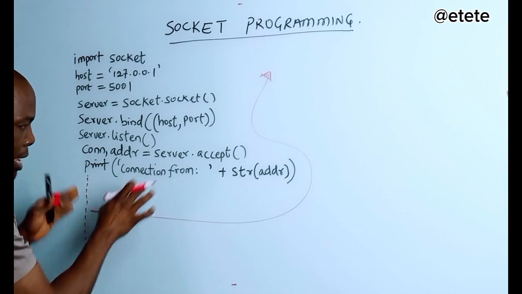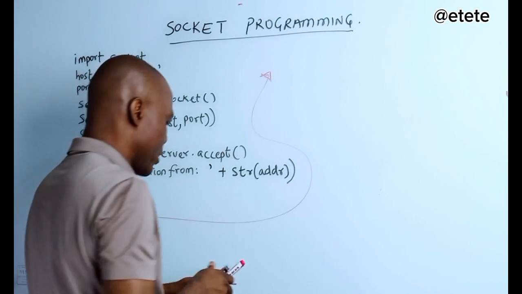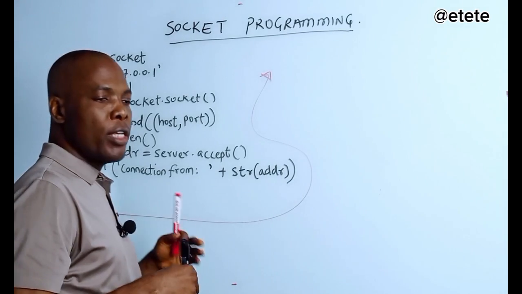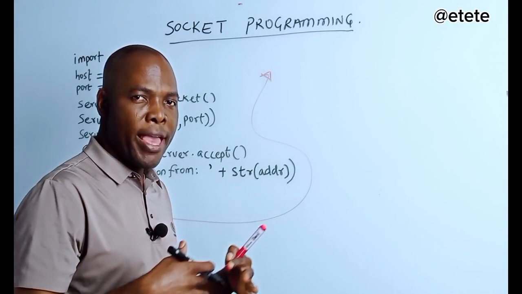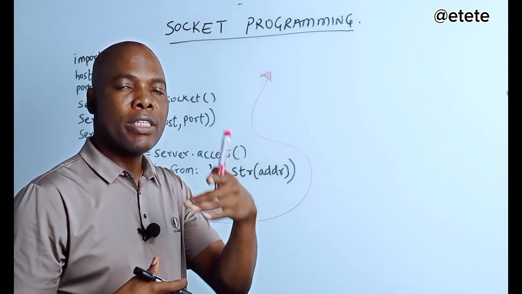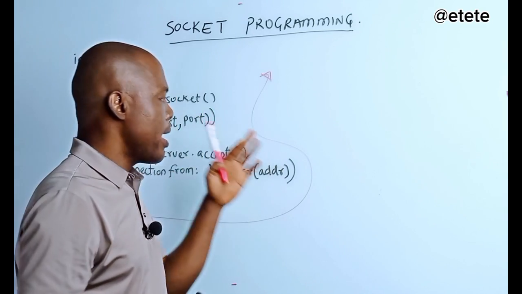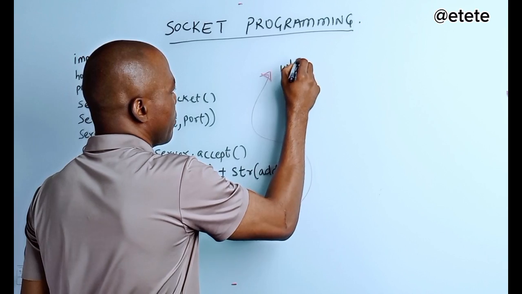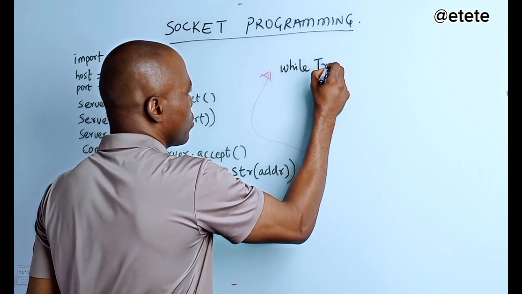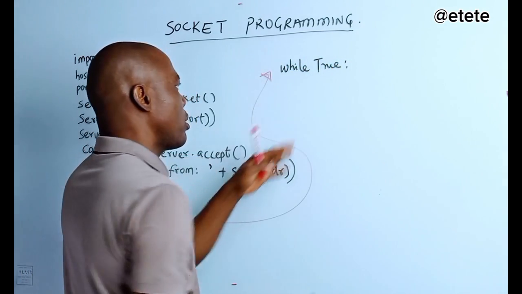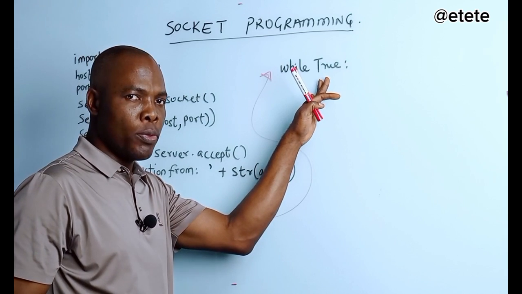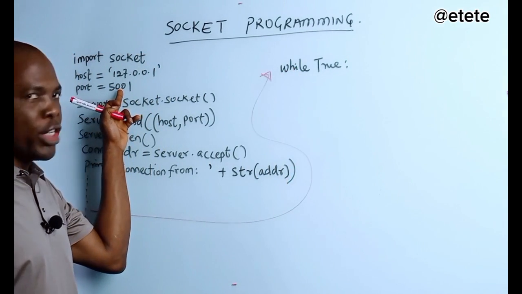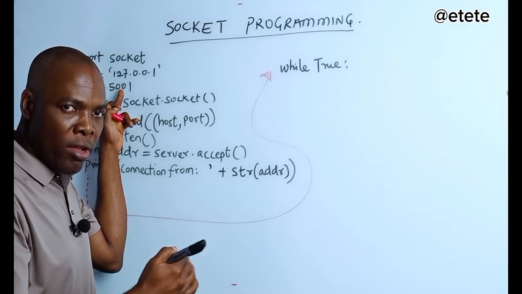Because I want this server to keep expecting or communicating with the client, I'm going to use a while loop. So I will say while true, right? This automatically becomes an infinite loop. The server will continue to listen on this port for the client conversation.